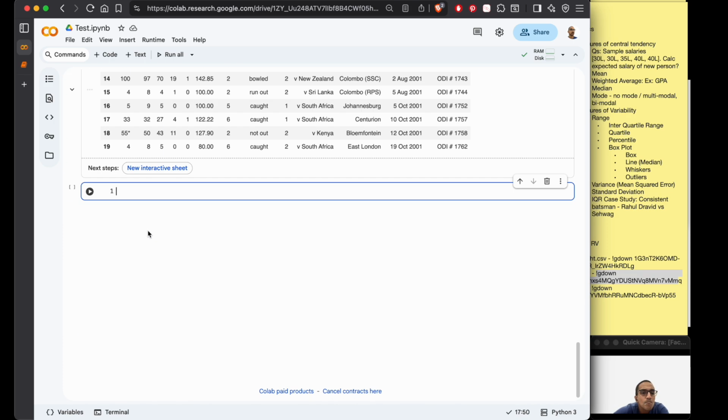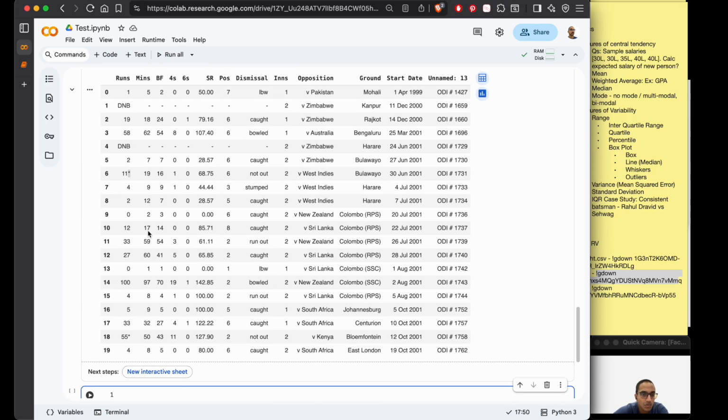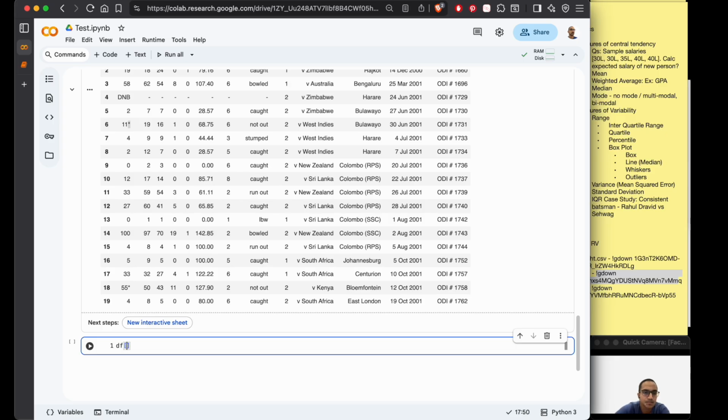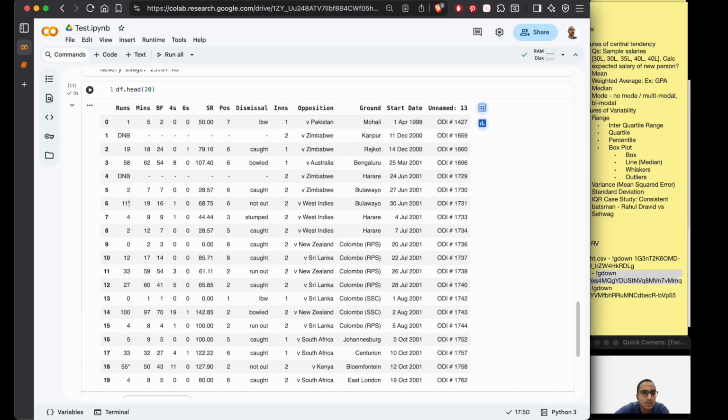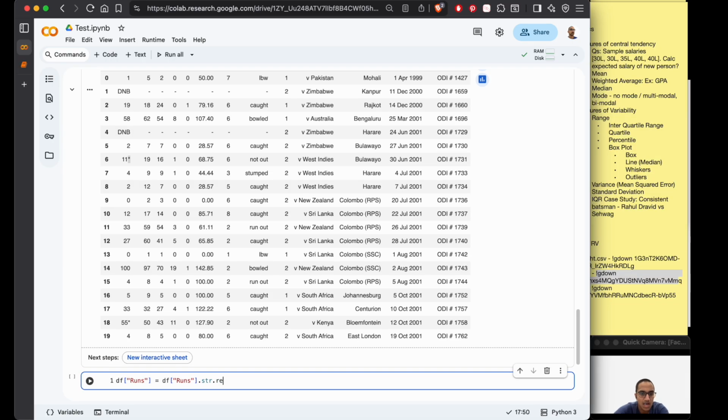So df, this is our runs. From this runs column, I want to remove the stars. We call .str, the string object, and perform the replace operation.